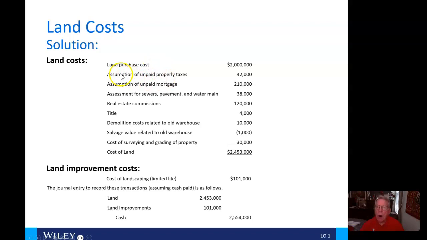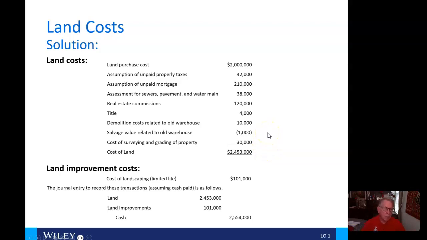The land costs are going to include the land purchase cost, the assumption of property taxes, the assumption of unpaid mortgages, the assessment of sewers, pavement, and water main, real estate commissions, title insurance, demolition costs related to the old warehouse, offset a little bit by the salvage value related to the old warehouse.